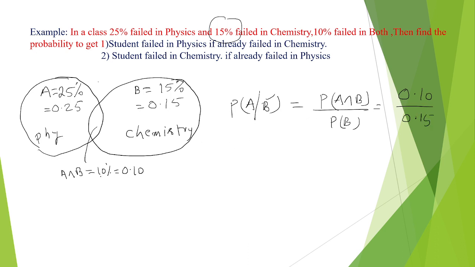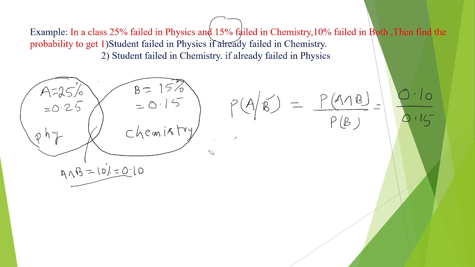Here you can say both subjects they failed, and A means the probability of A if already failed in chemistry. So this is the probability of failing in physics, which you are finding.